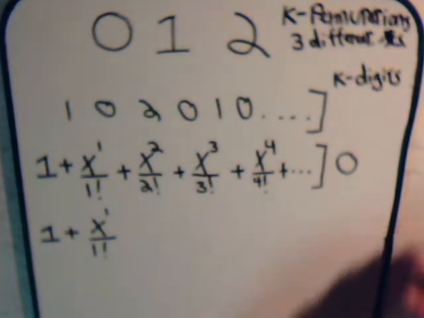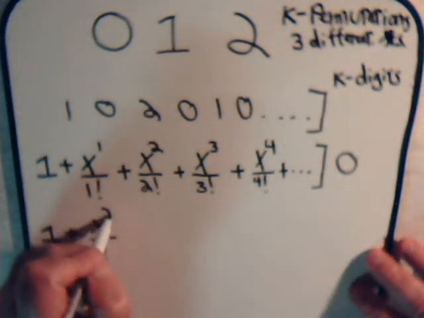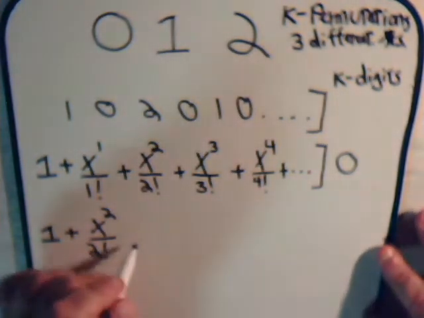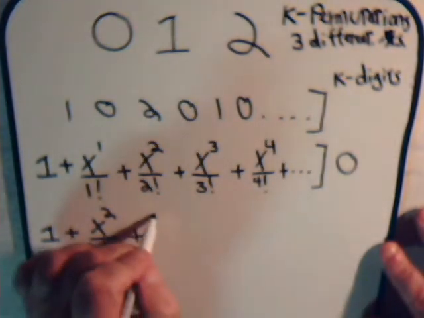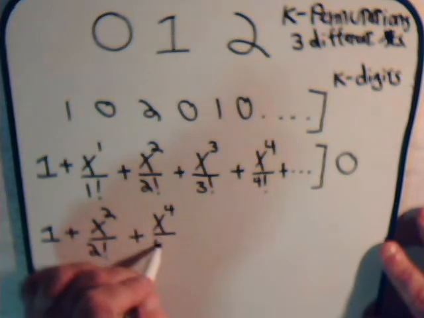No, we only use it an even number of times. So we could have x to the 2 over 2 factorial. 2 is an even number, or it might be used 4 times.